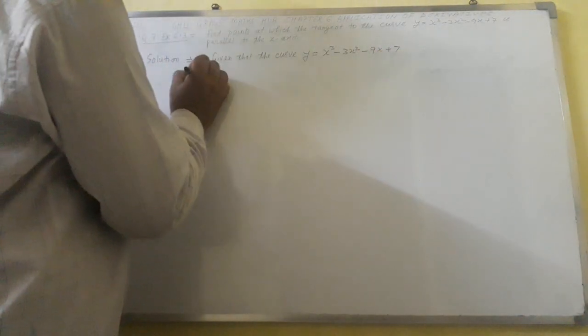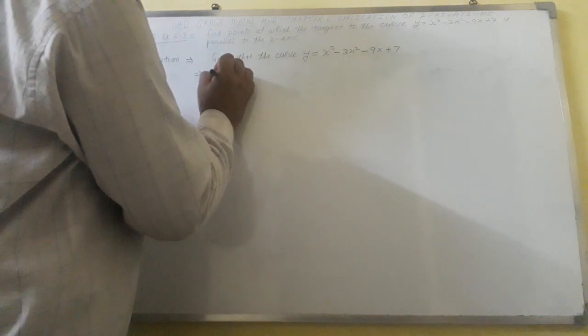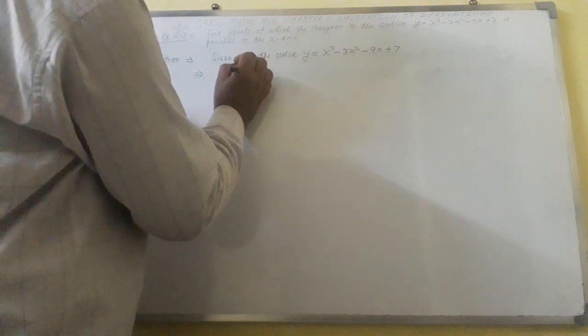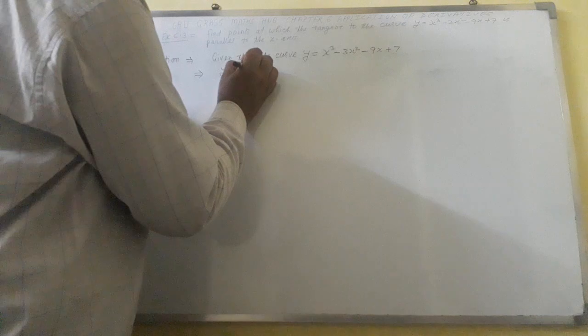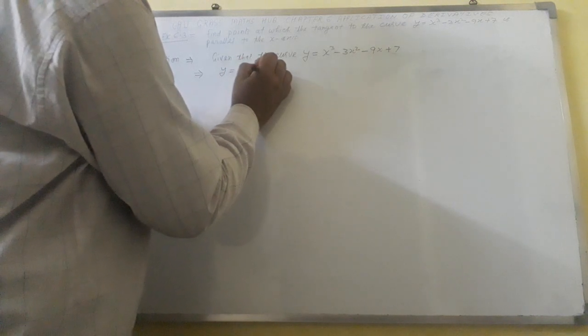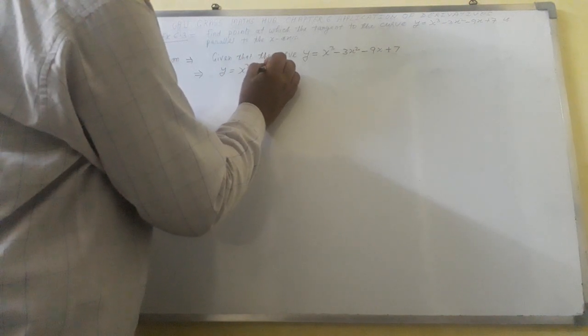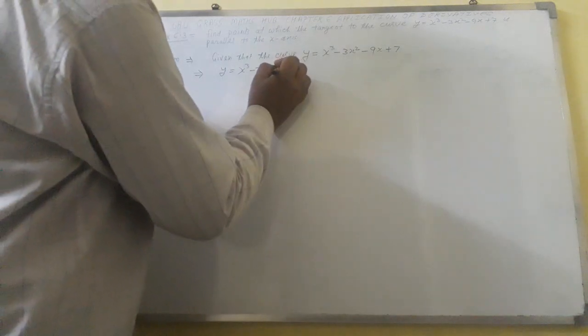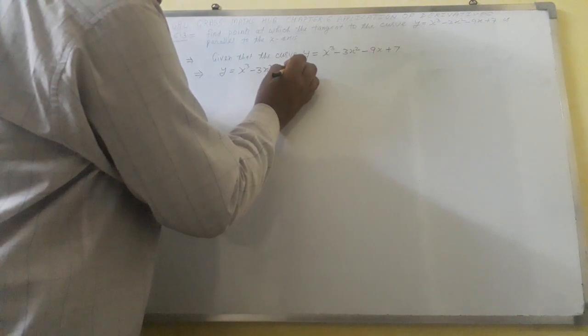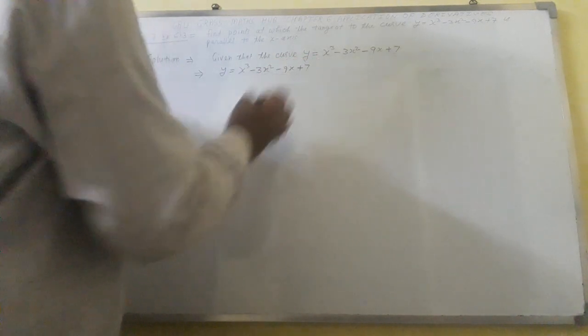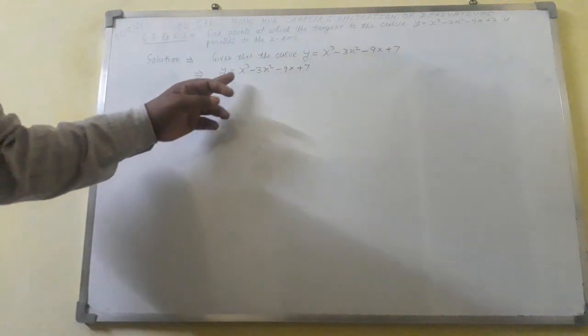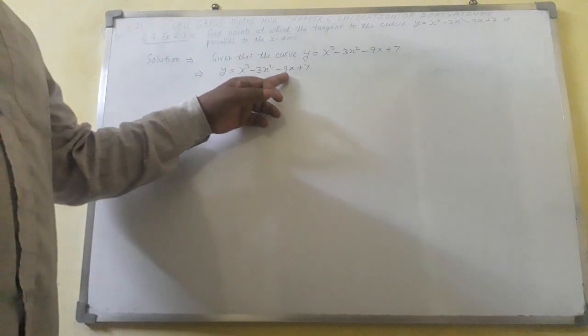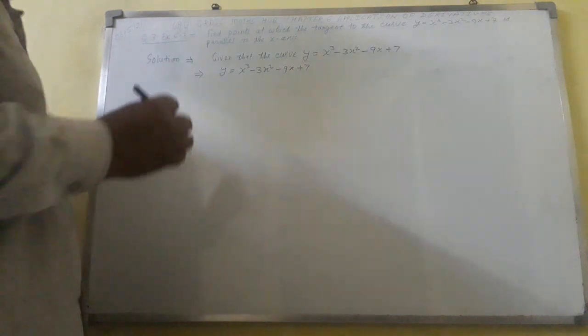Again, implies that y equal to x cube minus 3x square minus 9x plus 7.